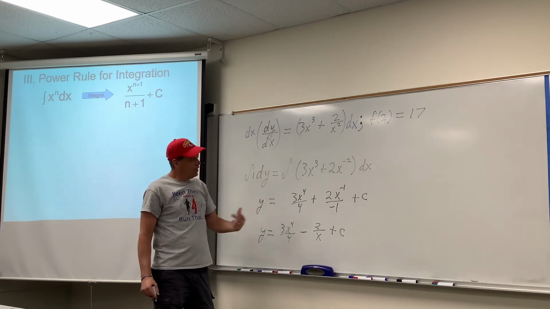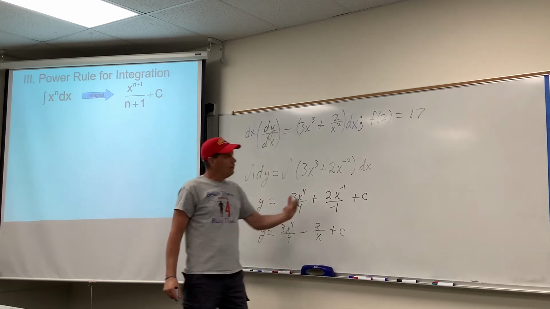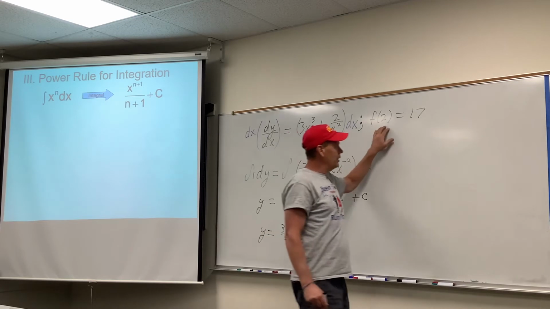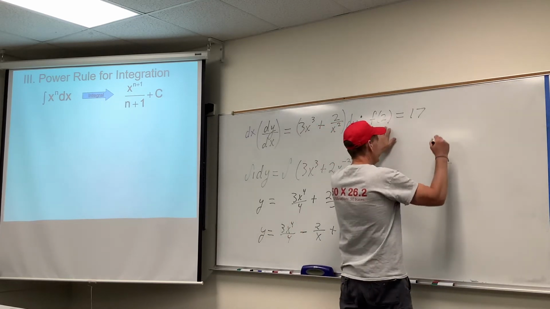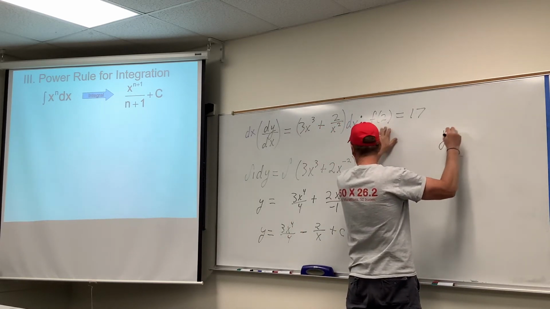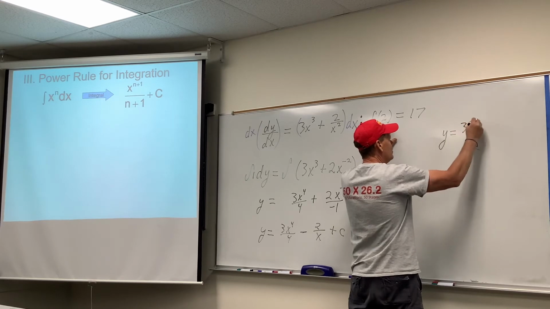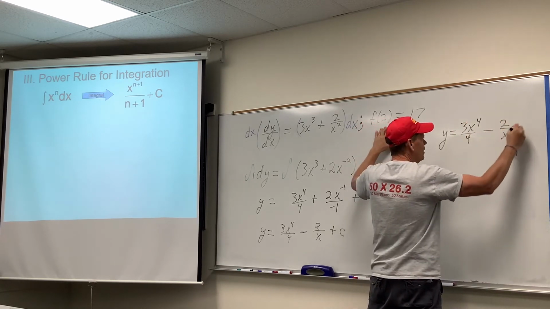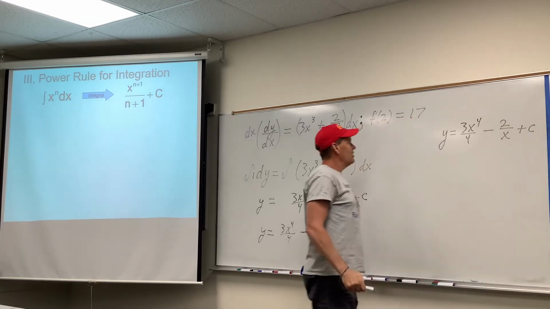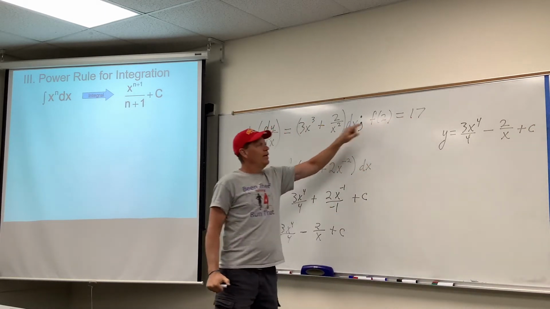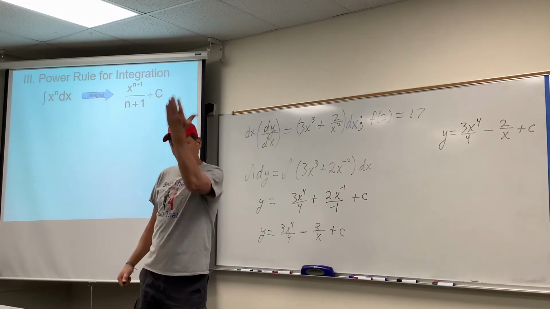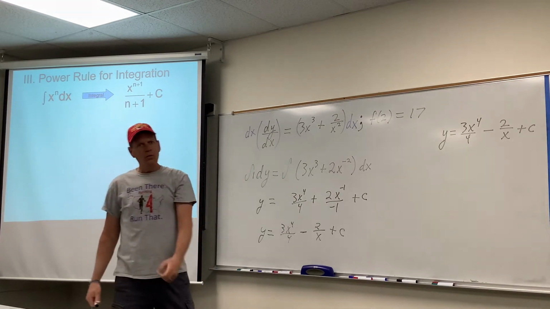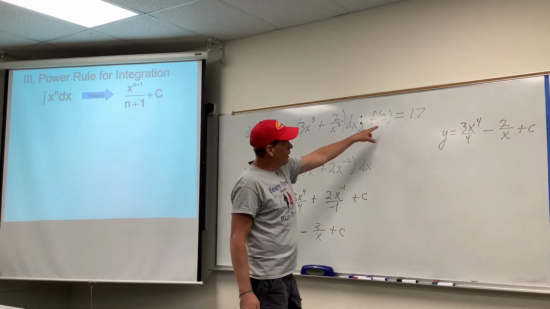And now they're saying, what does the c have to be for it to satisfy this right here? So, let me transfer this up here. y equals 3x to the 4th over 4 minus 2 over x plus c. And now they're saying, of all those curves, for all the different values of c, what does c have to be for it to satisfy this?